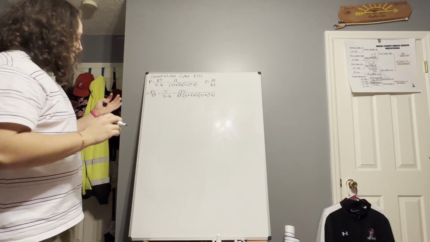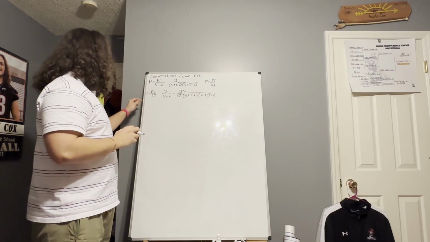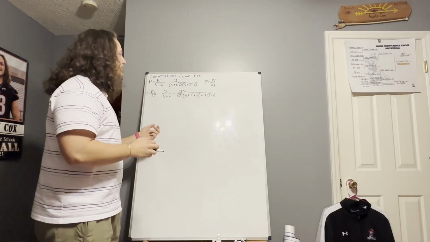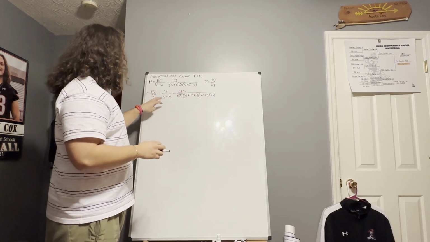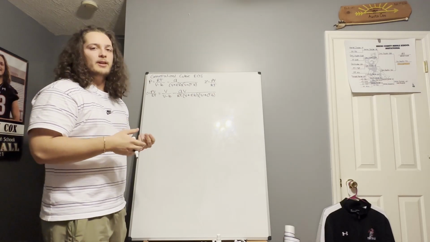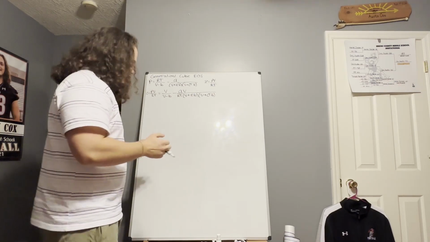So from here we can further move on by trying to incorporate our compressibility factor Z into this equation more, so it's in a generalized cubic polynomial form.